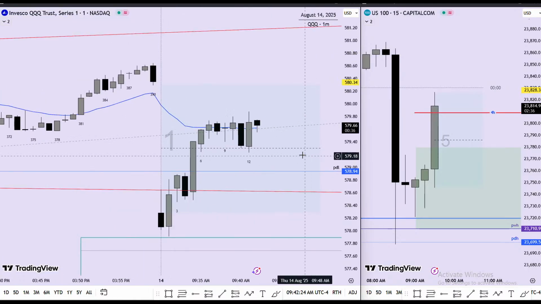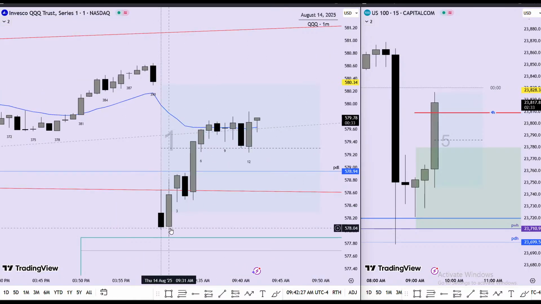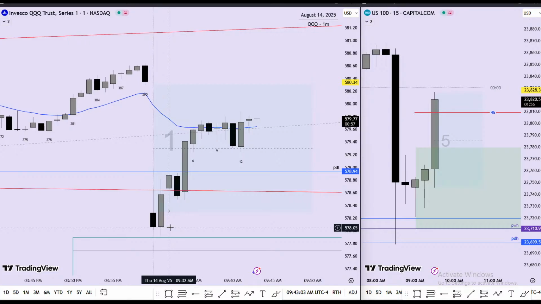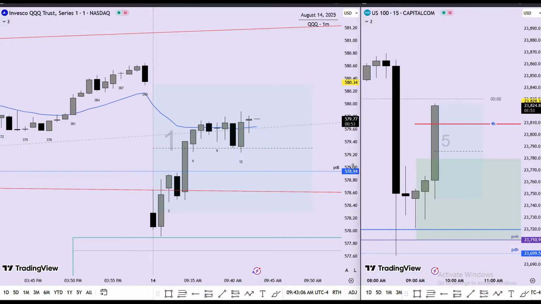It's more likely to go higher than lower. This is nice.